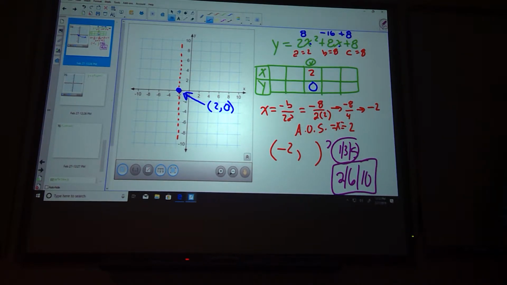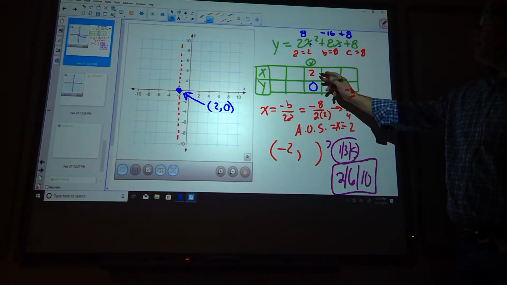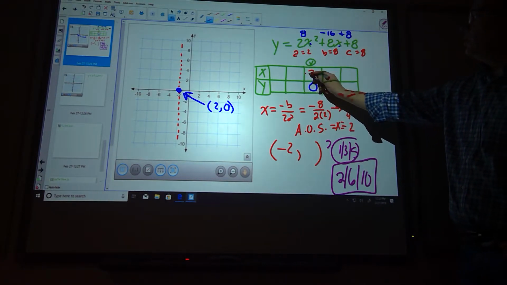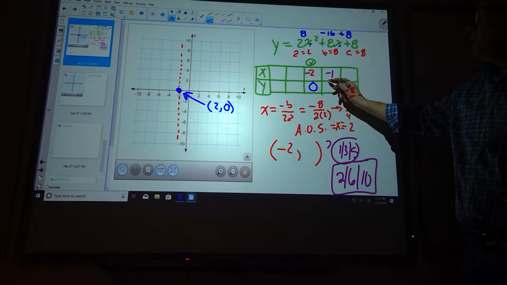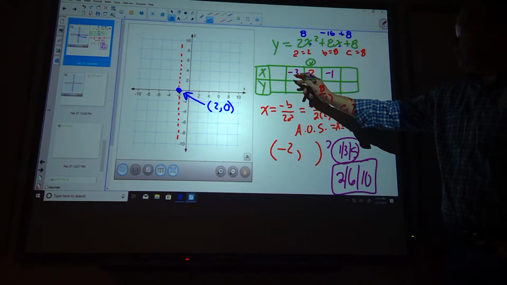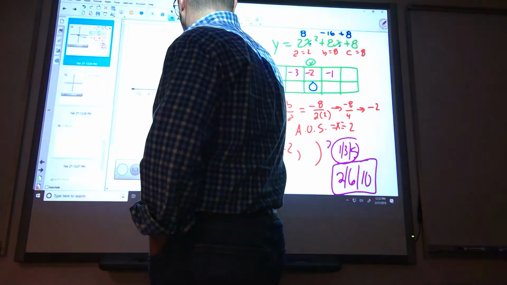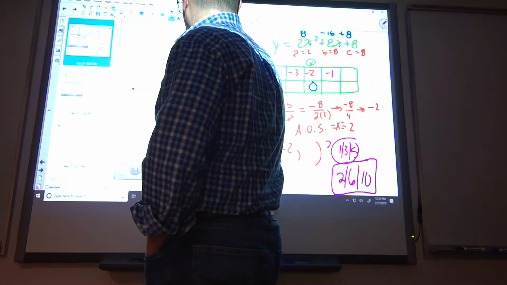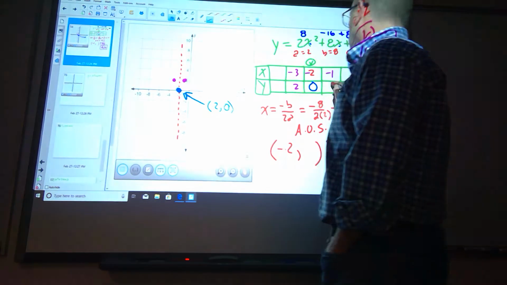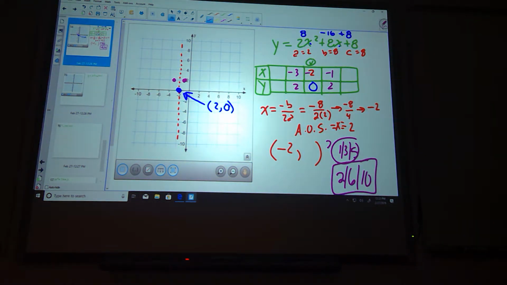All right, so let's pattern graph. A number to the right of -2 is -1. Number to the left is -3. Okay, so I'm going to go right 1 up 2, left 1 up 2. So that gave me a 2 and a 2. Agree with that? Table filling out okay?